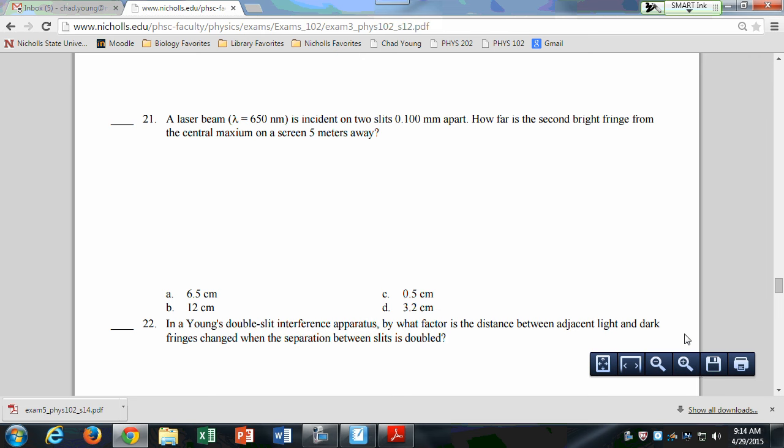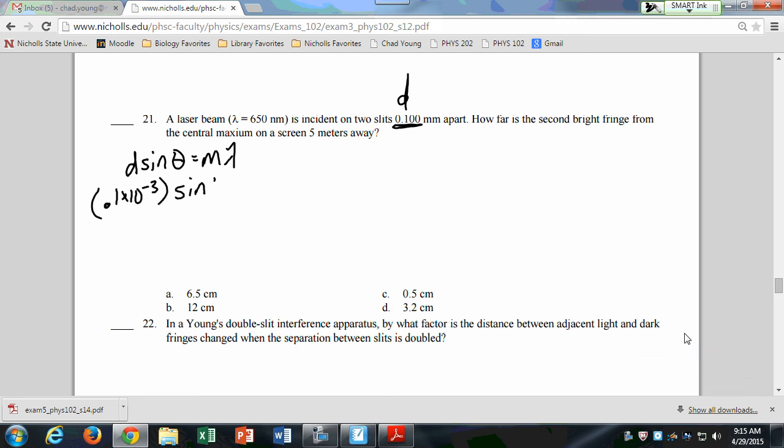So the first thing I want to do is find the angle. So I say d sine theta equals m lambda. This is d. So d is 0.1 times 10 to the minus 3 because it's millimeters. Sine of theta equals m. M I get from this, so m equals 2.